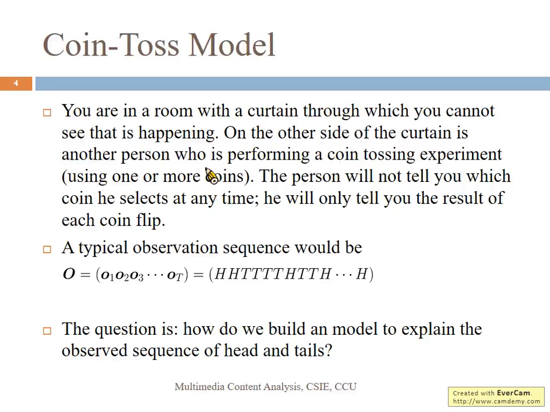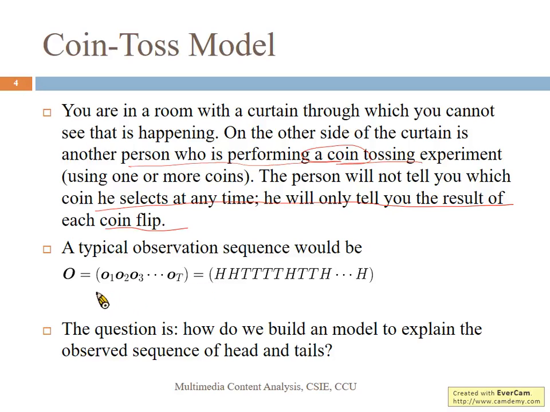On the other side of the curtain, there is another person who is performing a coin toss experiment, who may use one or more coins. The person will not let you know which coin he selects at any time. He will only tell you the result of each coin flip. And so the only observation you can know is the result of head or tail.